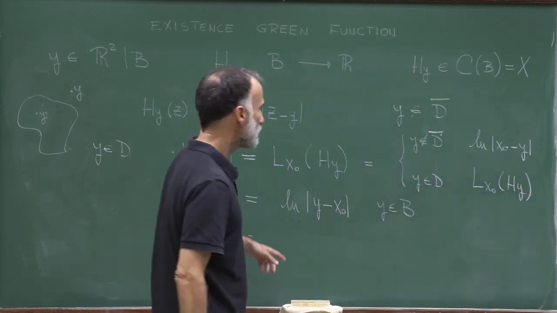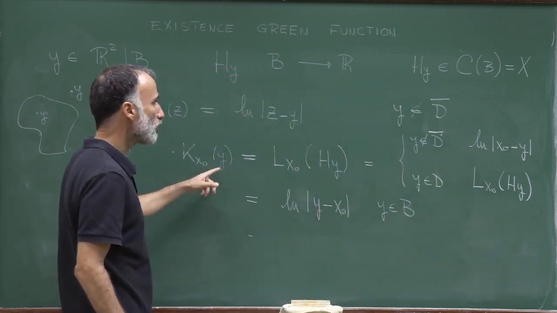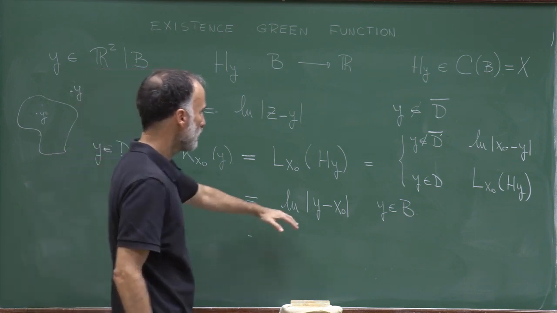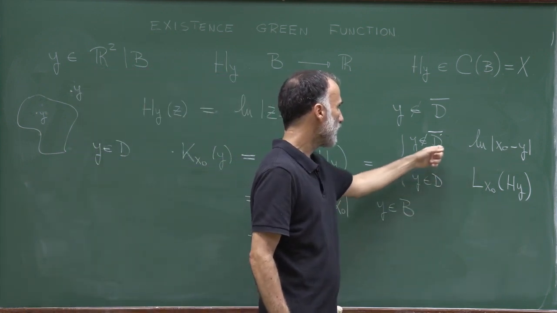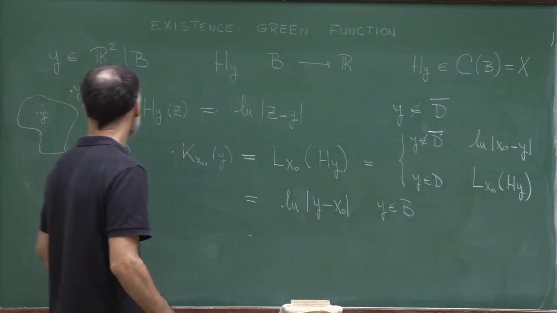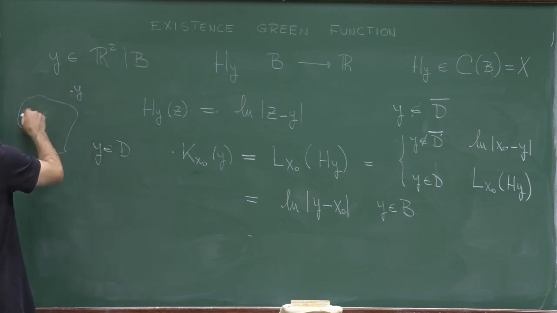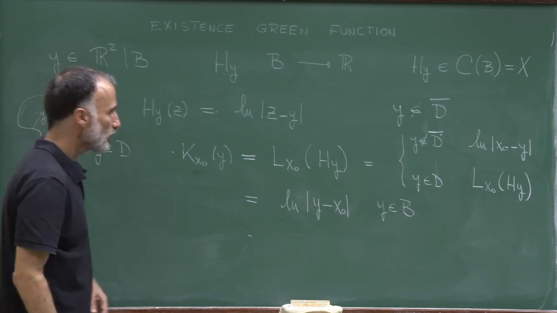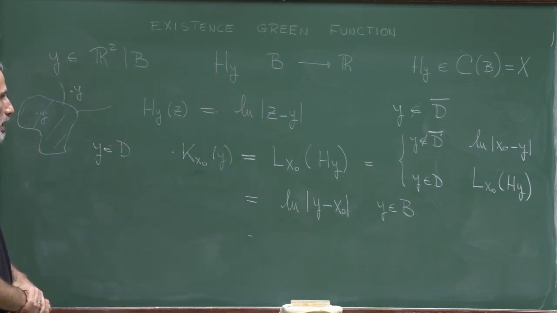And this is just to show you that this function k x0 of y is continuous outside D. So we have the same definition for y in the boundary and y out of the closure. So if we consider the function k x0 outside D, we have a continuous function, given by these quantities.